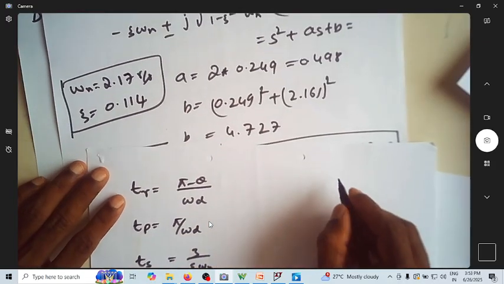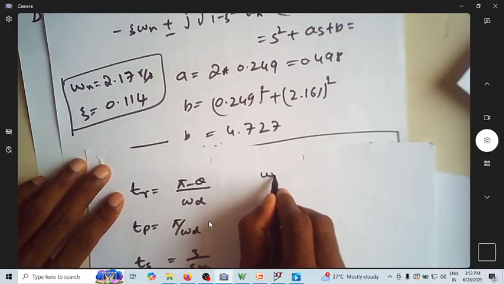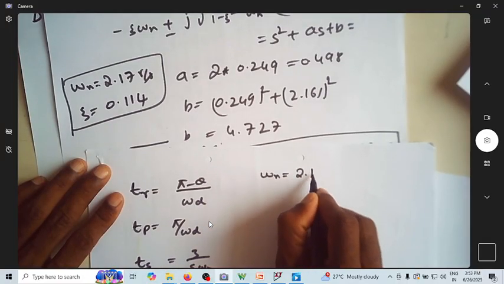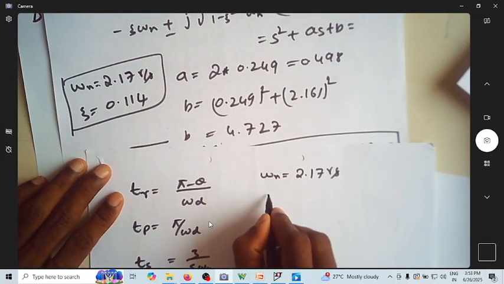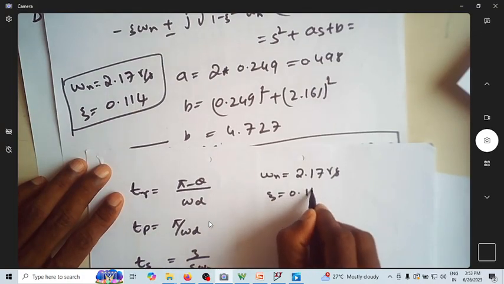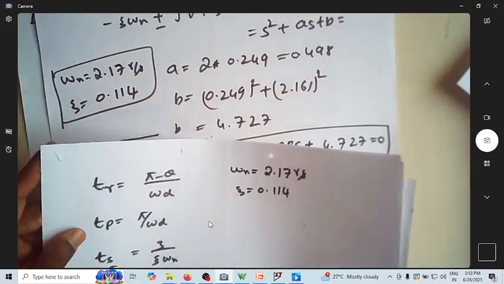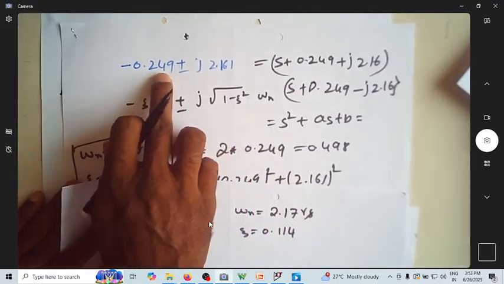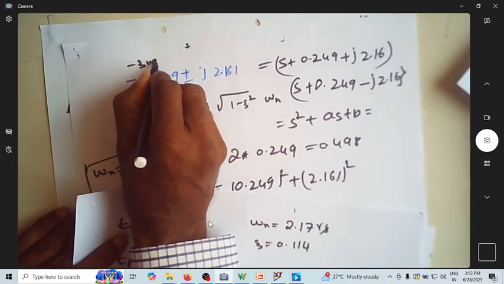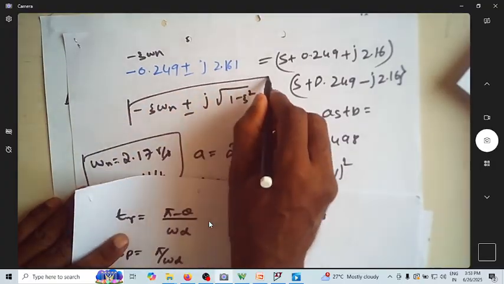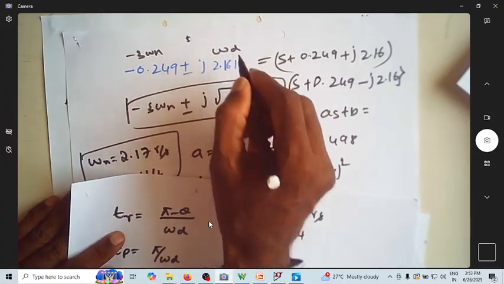We know that omega n is equal to 2.17 radian per second and zeta is 0.114. We already know what is omega d. This is actually minus zeta omega n, that is what I have already written. So omega d is directly available.